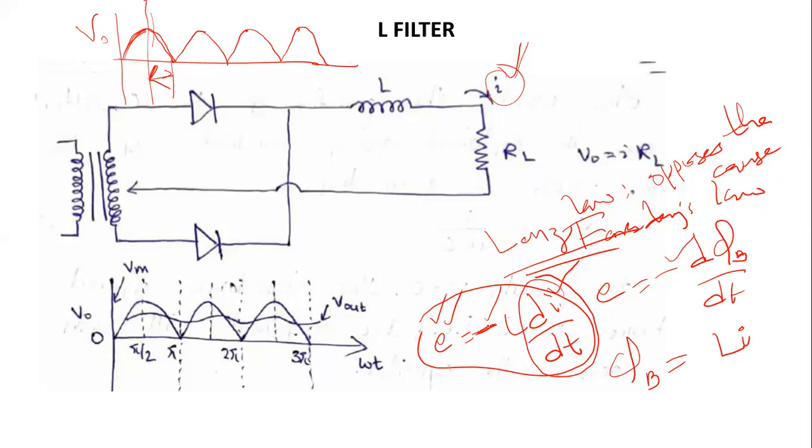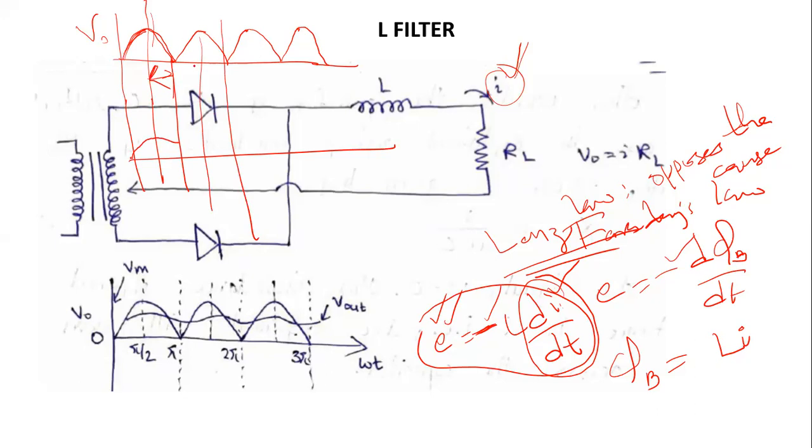That means the falling down of current will be opposed by the induced EMF. So instead of the current completely falling down, it will try to flatten out. The actual result will be something like this.